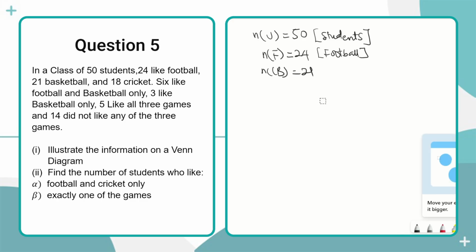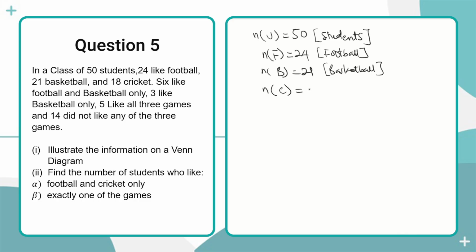Then we also have some students who like cricket. So C represents cricket, and they are 18. Good.